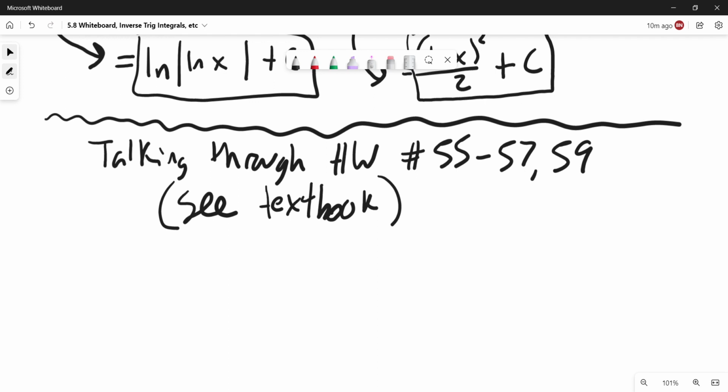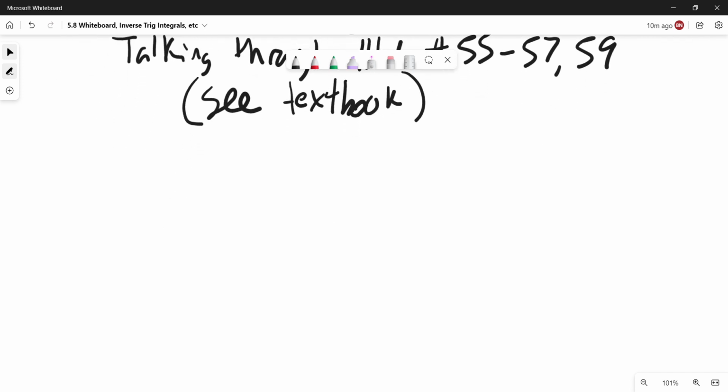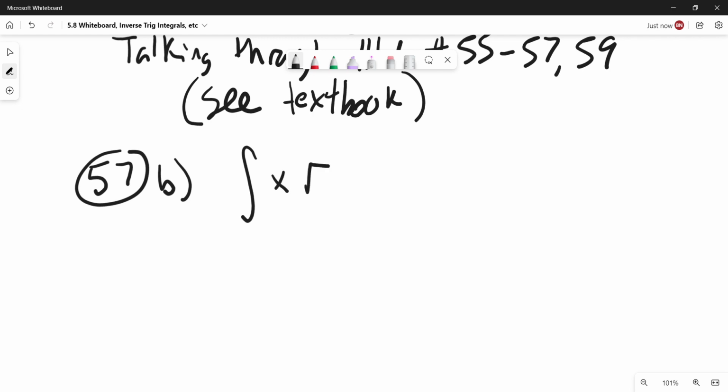B. B might be possible. I think B would be something I would have to work out. Let me see. 57b. This looks like one you might be able to do u substitution on, like formal u substitution. Right, because on first inspection you can't do it just by fitting the form.